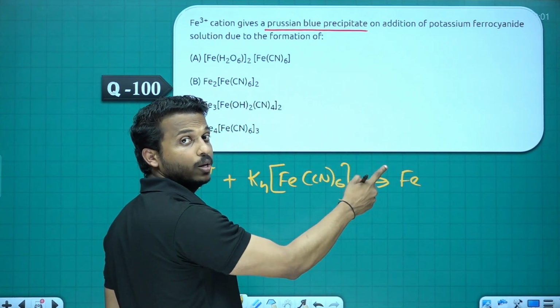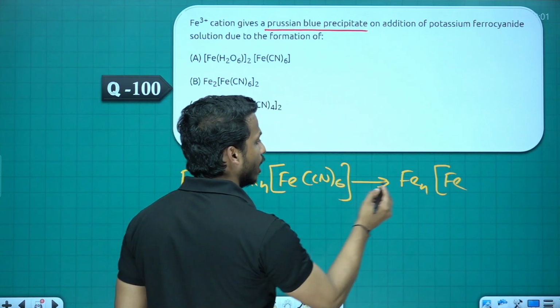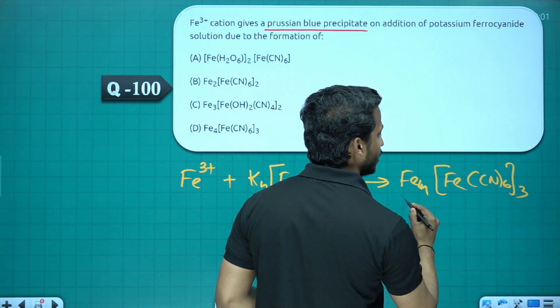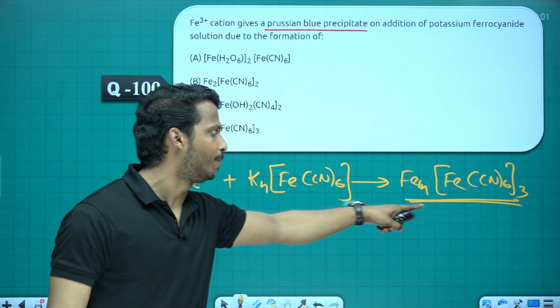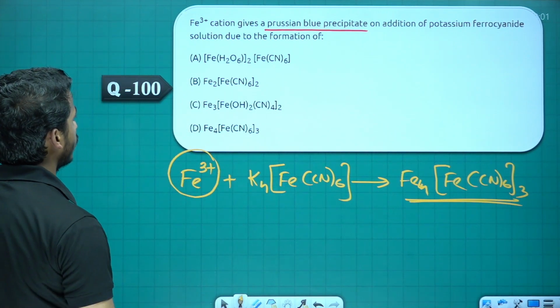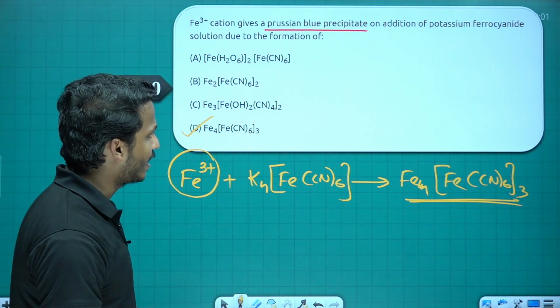They are asking for the formula of the Prussian blue complex. Here you get Fe4[Fe(CN)6]3. This is the Prussian blue colored complex. If you get this Prussian blue color, you can confirm that the given compound contains ferric ion.